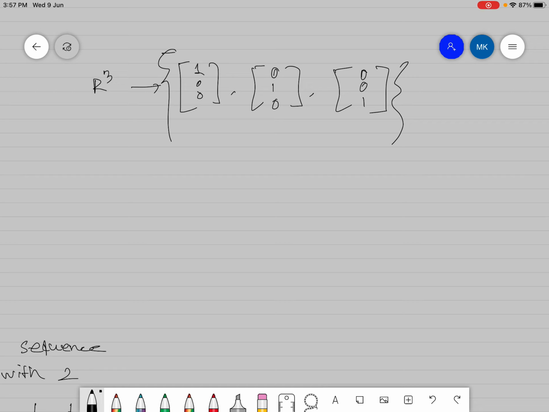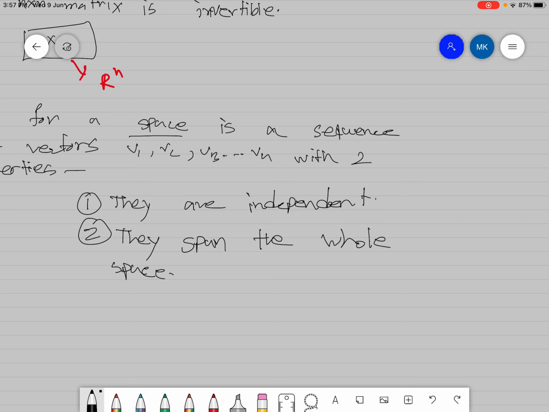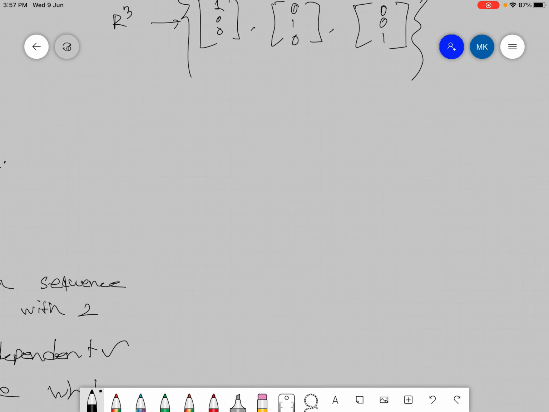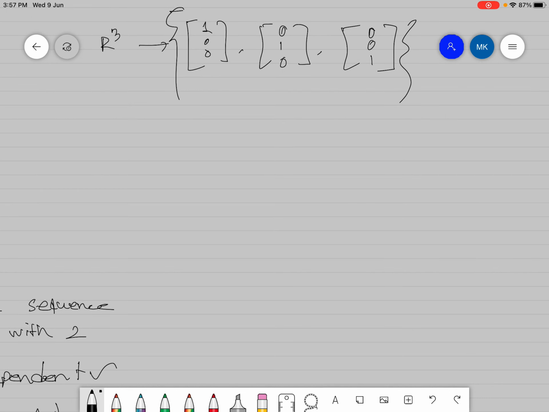The choice of picking the basis vectors for any space, is this unique? The answer is no. As long as you fulfill these two conditions, your choice is not unique. For R3, you can take any other three independent vectors that can span the whole space.